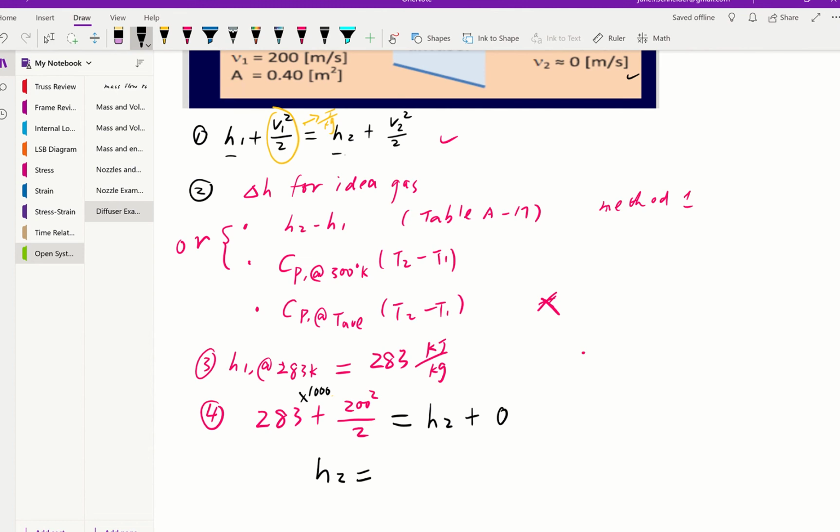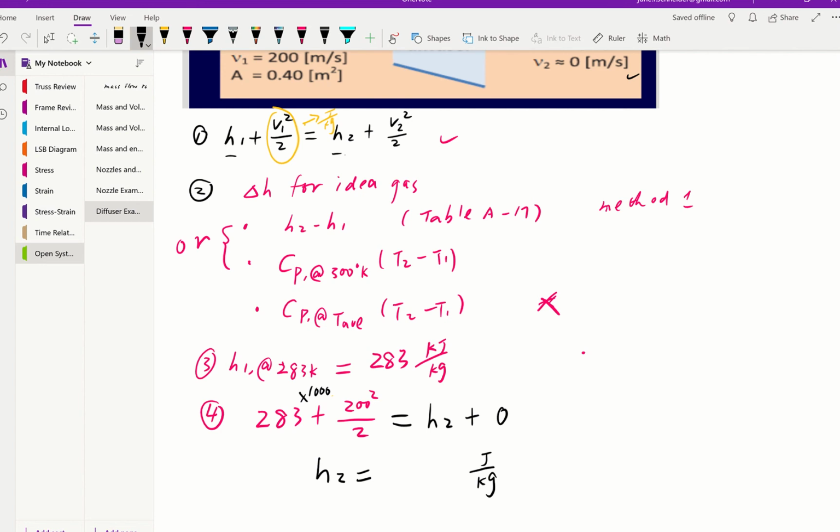Okay, so put it into the calculator. Our h2 is going to be in units of joule per kilogram. So it's 283,000 plus 200 squared divided by 2.